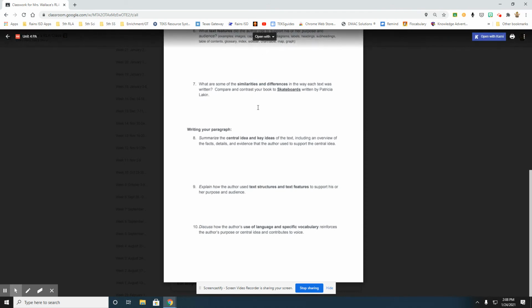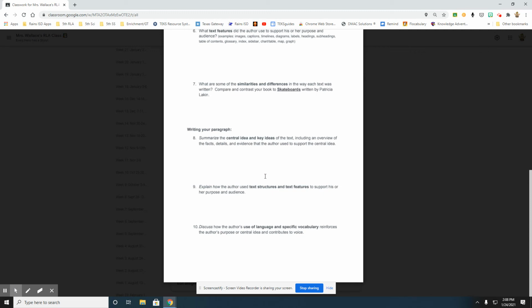And then once you've answered all these questions, now comes the hard part. We're going to basically put these into a paragraph, so writing these out. So I've included question 8, 9, and 10 to help you formulate some of your writing. So what you're going to do is you'll summarize the central idea and the key ideas of A Desert Habitat, okay, including some of the facts, some of the details, some of that text evidence that they use to support that main idea.